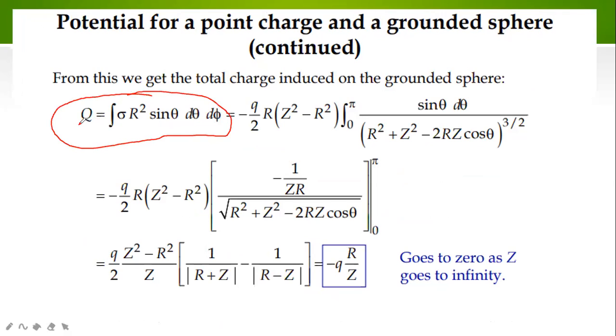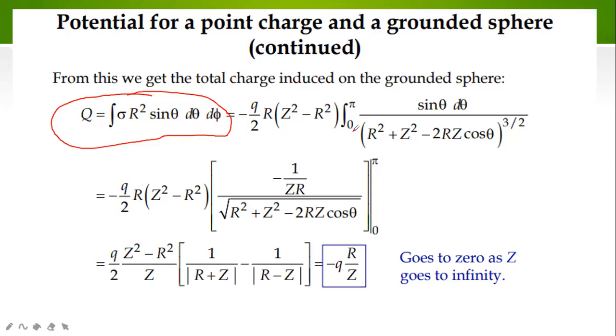So the total charge Q will be equal to the integration of sigma r square sin theta d theta d phi. Why this r square sin theta d theta d phi? Because it is a sphere, so we will use spherical coordinates, and in spherical coordinates the area element is r square sin theta d theta d phi.